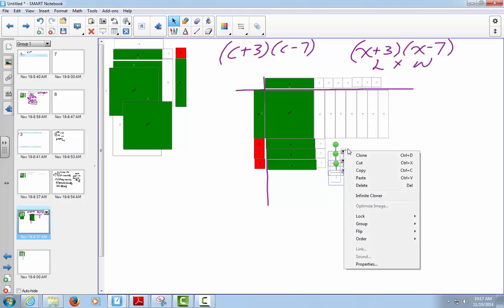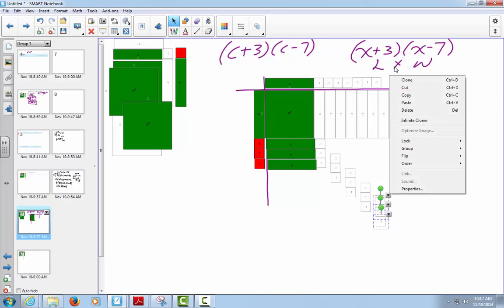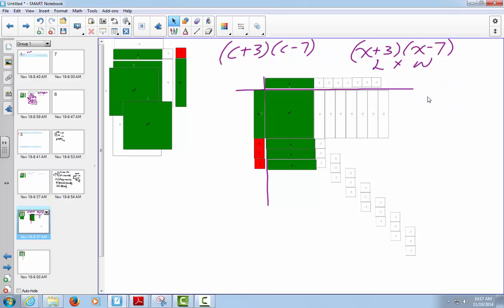Clone, clone, clone, clone. 1, 2, 3, 4, 5, 6, 7. I can make that. Move them up here, up there, move those up, move these.